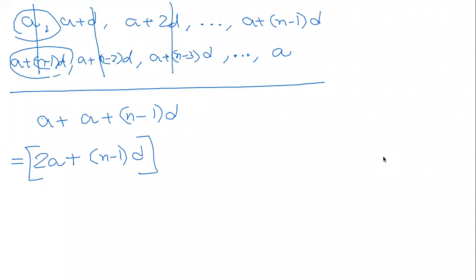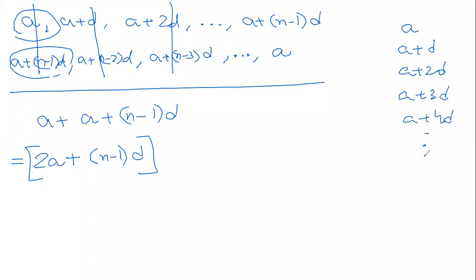Okay. I'll write the AP again. Let us see if you can count properly. The AP that I am dealing with is A plus D, A plus 2D, A plus 3D, A plus 4D.